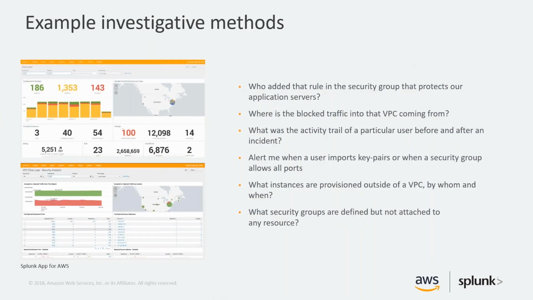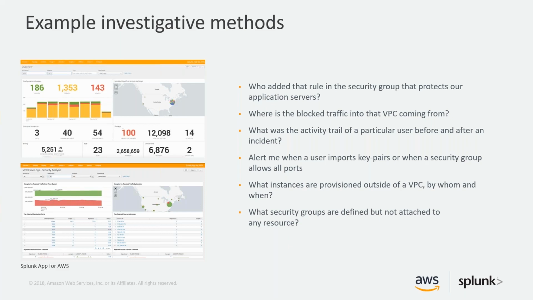So let's just take a couple slides to take a look at some investigative and posture methods. When it comes to getting to the root cause of a security issue, it's important to understand the questions you need to ask. For example, if you see something that warrants deeper investigation, such as changes to a security group or unusual activity around provisioning or traffic flows or resource allocation, you obviously want to know who was involved or which VPCs are in question, or identify the trail of associated activity related to any given alerts or potentially suspicious activity.